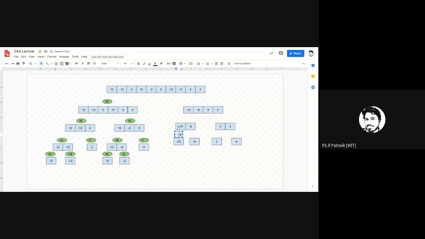And here, minus 9. And here I'll get 3. Here I'll get 4. What do I get as the maximum here? Here I get 7. What do I get as the maximum here? So here I'm going to get 7 if I combine the below problems. So here I'm going to get 7. What will I get here?